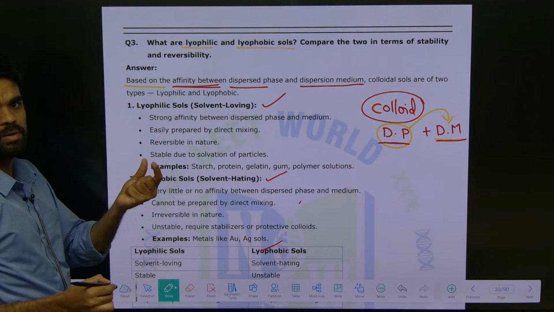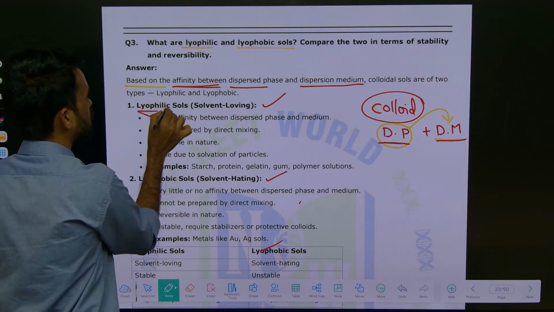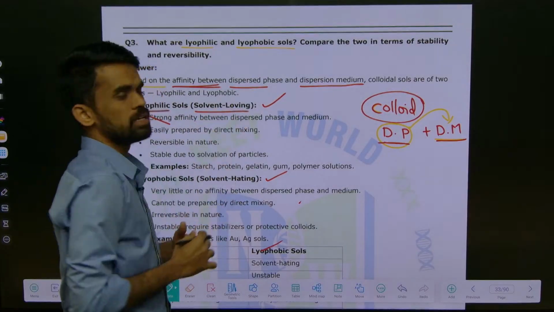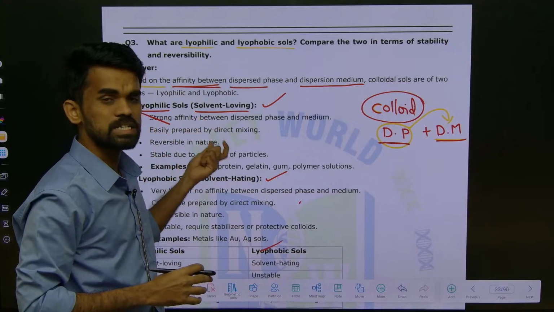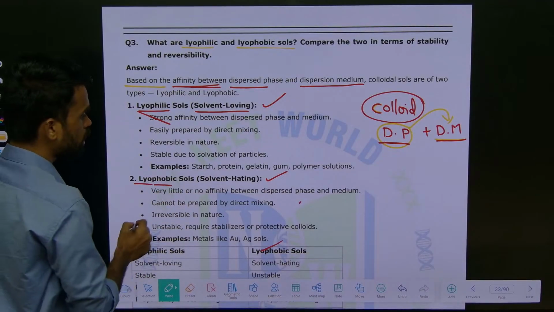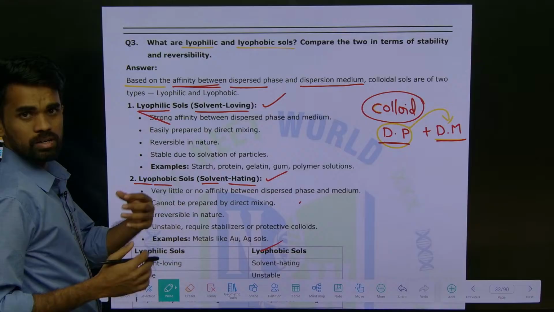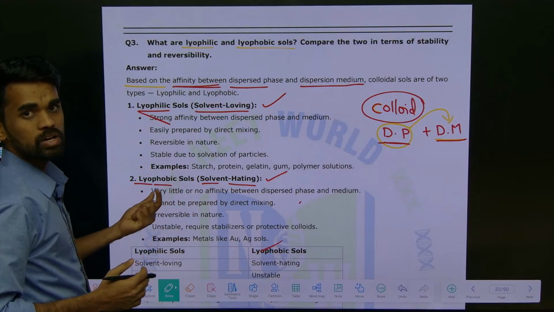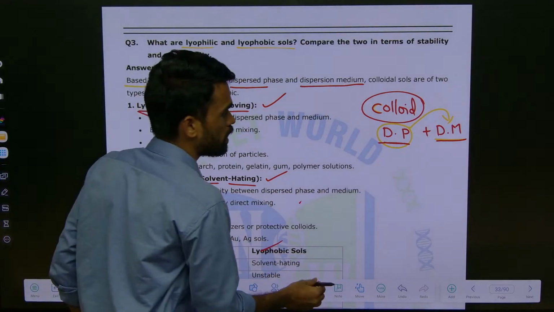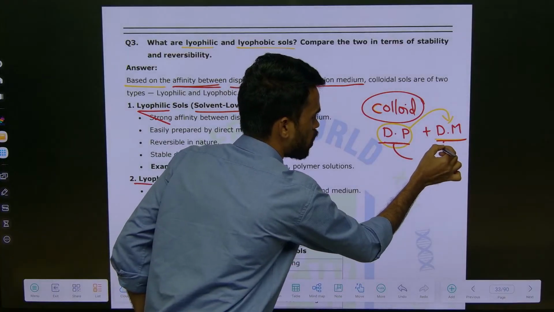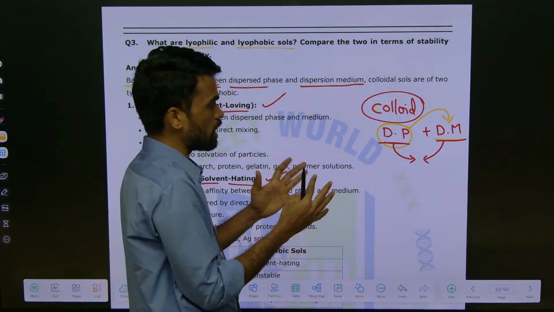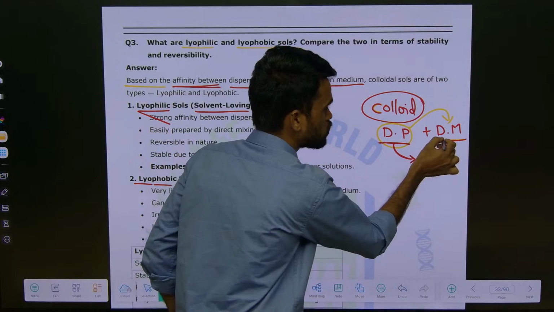So what do we mean by lyophilic? Phile means love, so solvent-loving species we can consider as lyophilic colloids. And lyophobic, phobic means hating, so solvent-hating species are considered lyophobic colloids. In the case of lyophilic, there will be strong affinity, strong interactions between the solute and solvent particles.